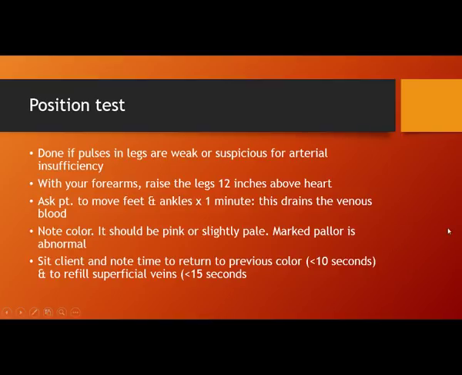But if they're delayed in returning, that would be suspicious for arterial insufficiency again. And then you would also see if there's a delay in refilling superficial veins. Well, some people, you'll see superficial veins on the foot. Other people you don't.